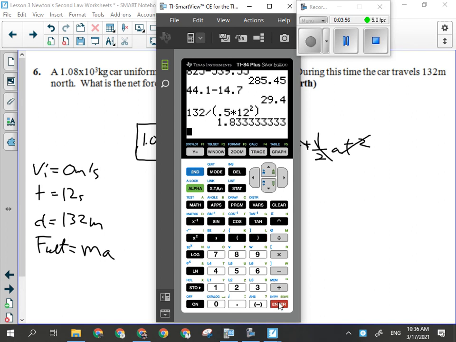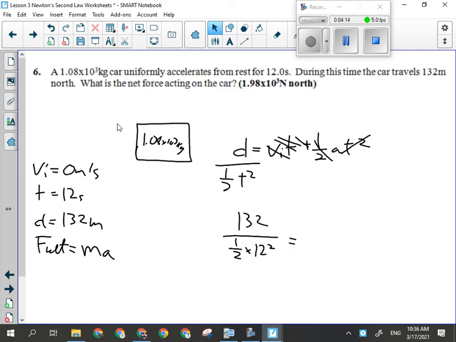All right, so our acceleration is 1.8 meters per second squared. Now that we have that, we can multiply it by the mass, which was 1,080 kilograms, giving us our 1.98 times 10 to the 3 newtons.